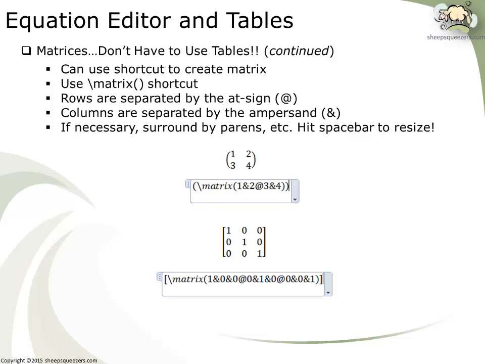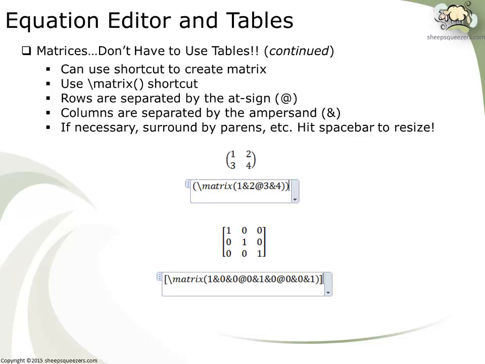Now, let's create a 3x3 identity matrix surrounded by brackets. So for example, as you see, there's an identity matrix right there, 3x3. So I put in the left bracket, and again, that corresponds with the left bracket. I type in \matrix left paren, and then at 1, 1, I type the number 1, ampersand, 1, 2, the 0, ampersand, 1, 3, the 0. Then the @ sign gets me to row 2.